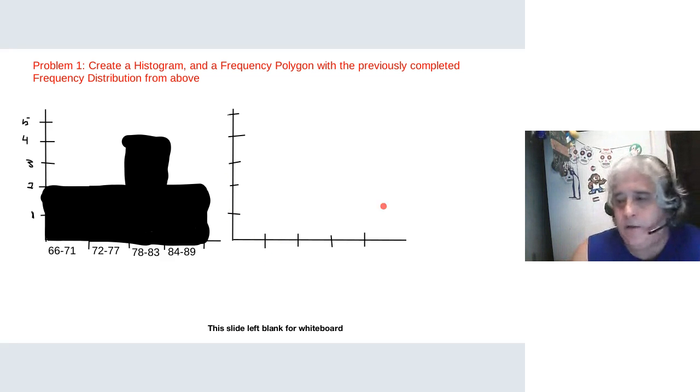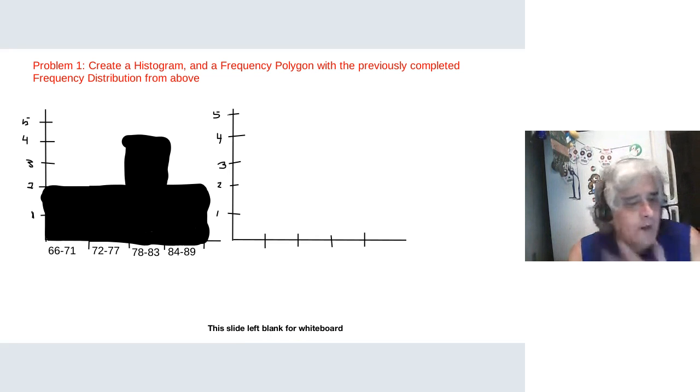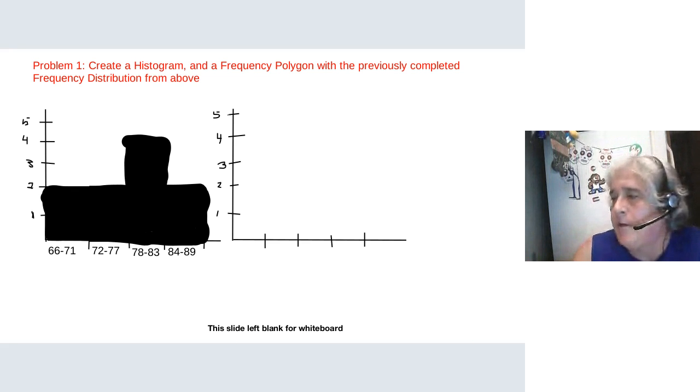And remember, this part's the same, but what's slightly different is that on the left with the histogram, you have the whole class written out, those are the values that are in there. For the frequency polygon, this is a histogram.